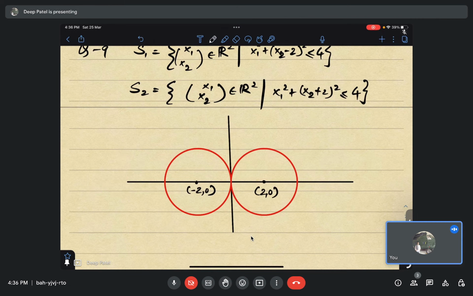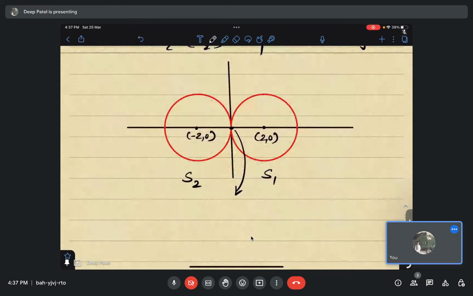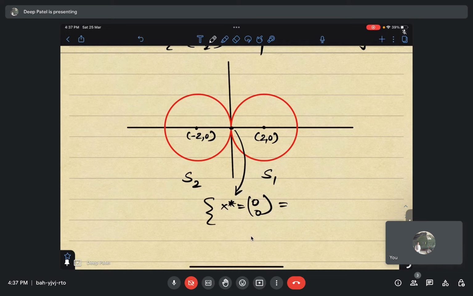The point of interest is x star, which is the origin. It is also the only intersection point.